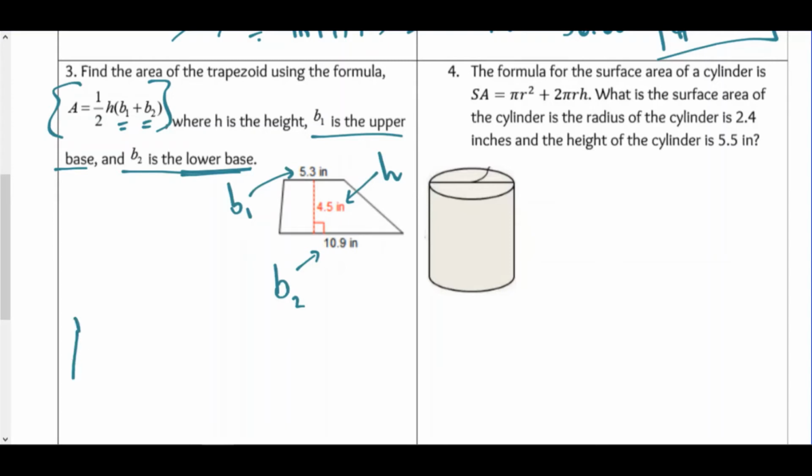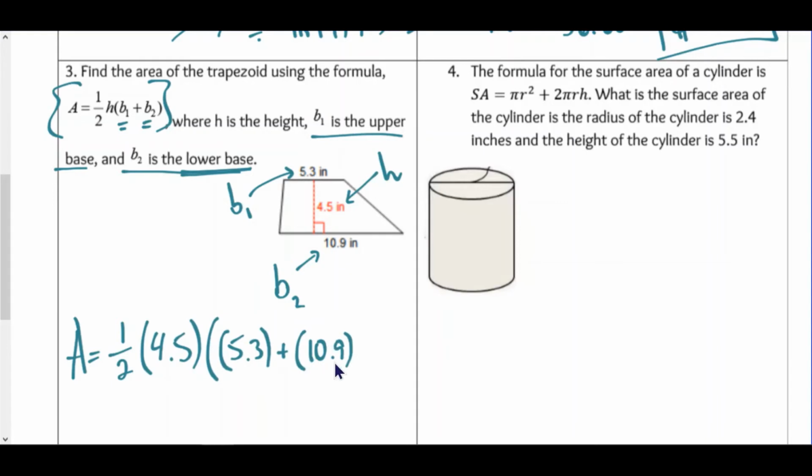So from here, I'm just going to plug these numbers in and follow order of operations. Anytime you substitute a number in, it should go in parentheses: 4.5 in place of h. B1 is that 5.3. B2 is 10.9. Again, I'm not squaring this, it's just a label of that bottom.